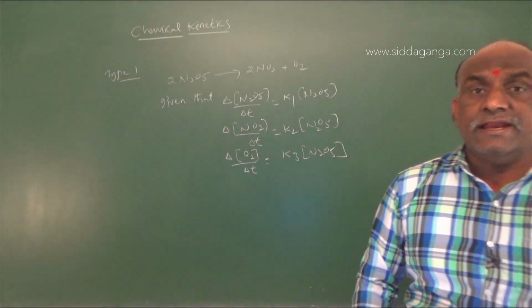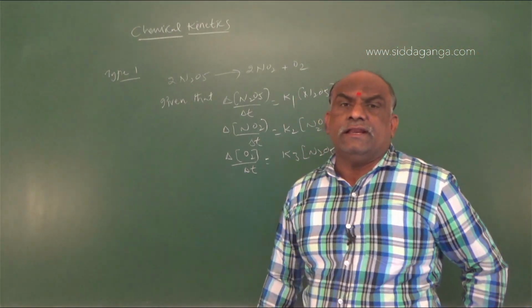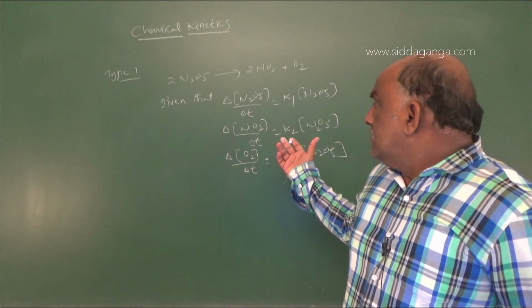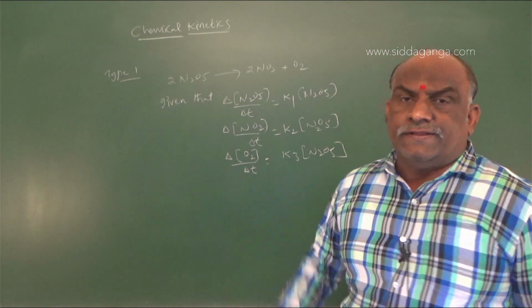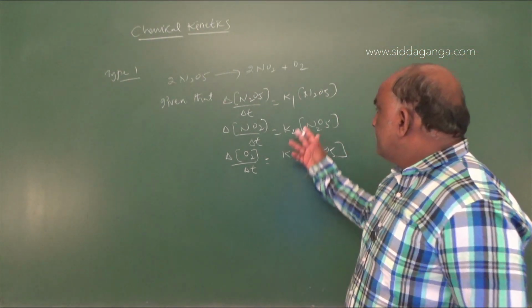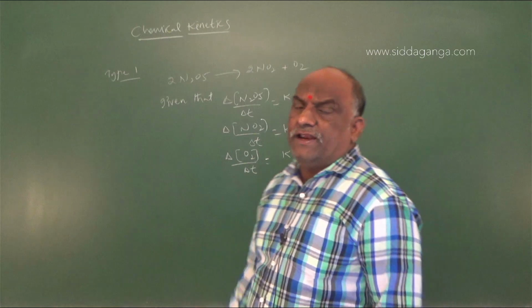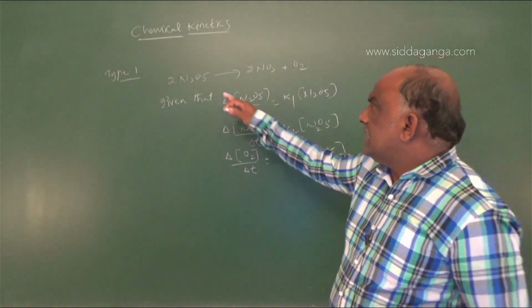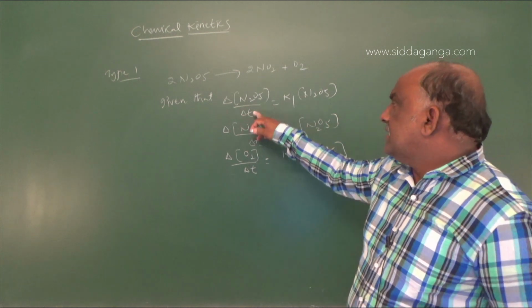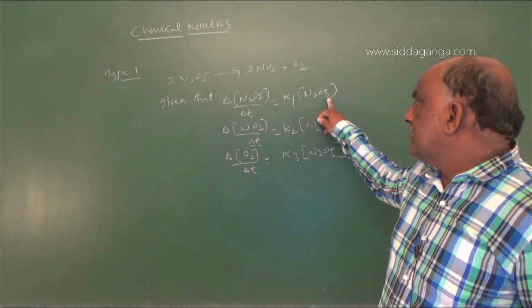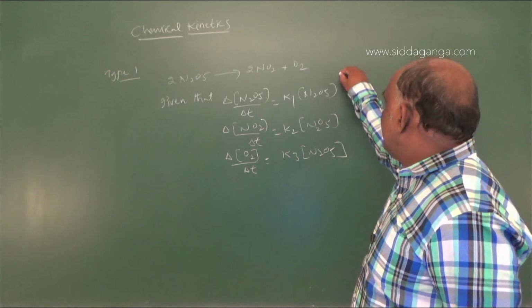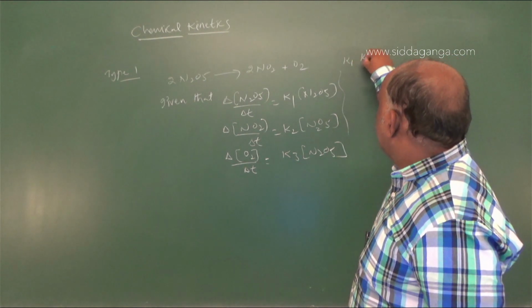We have to calculate the relation between K1, K2, K3, which are specific rate constants.